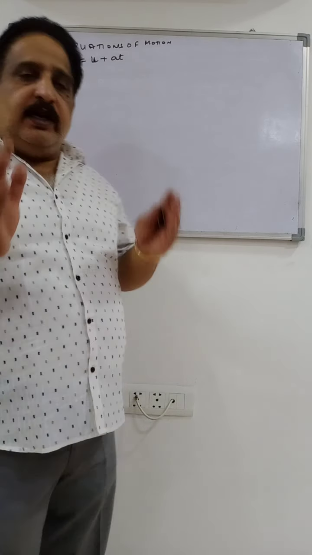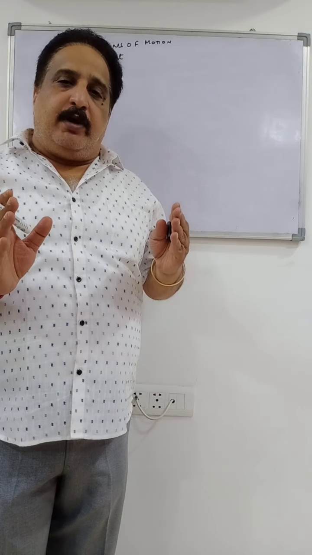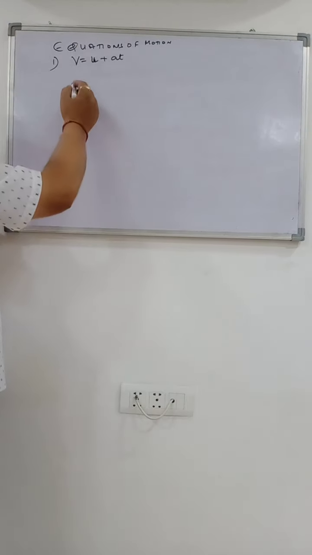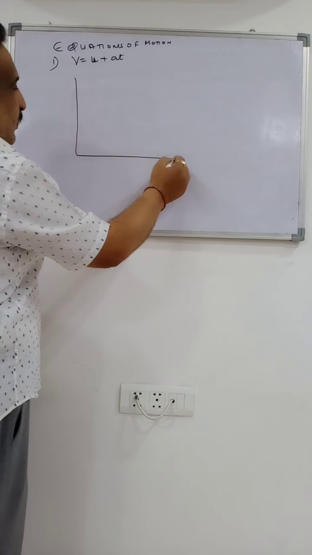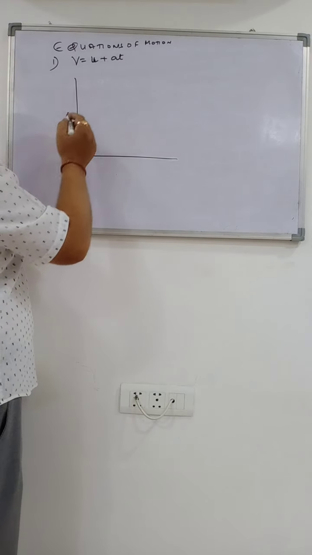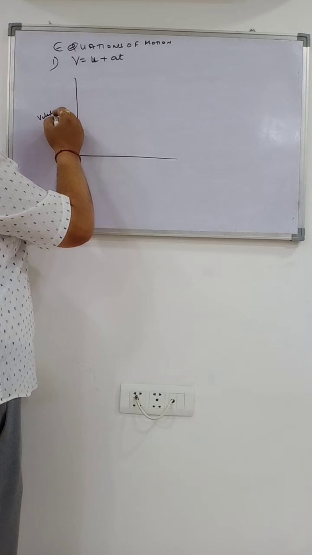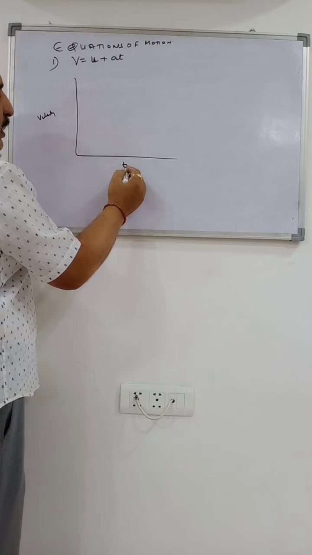Now, we'll consider a VT graph, velocity time graph. That day we have done velocity time graphs, and we'll consider a velocity time graph like this. This is velocity. This is time t.